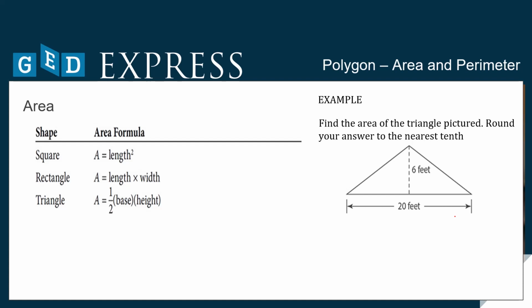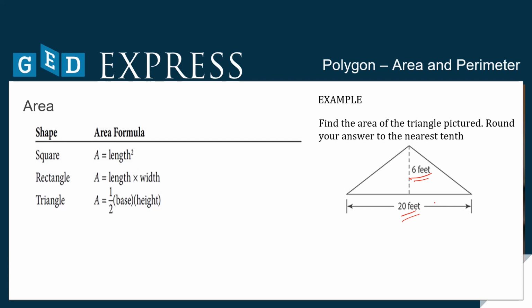Let's try some examples again. First, find the area of the triangle pictured. Round your answer to the nearest tenth. The height of the triangle is 6 feet. The base is 20 feet.